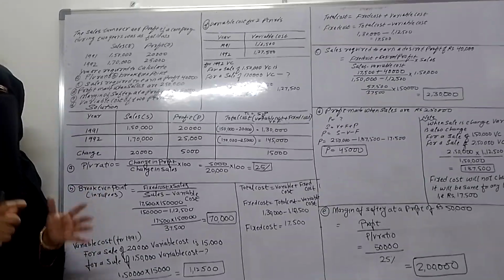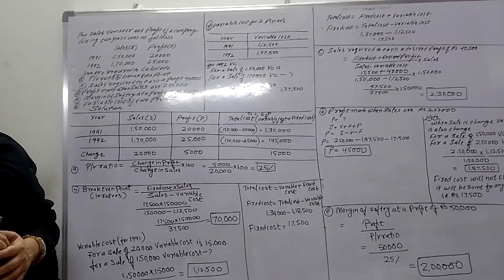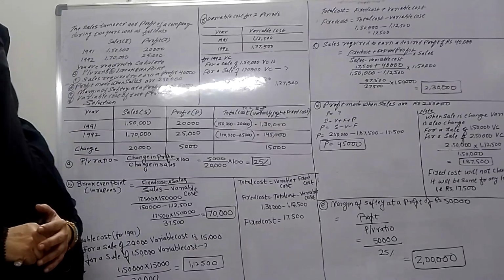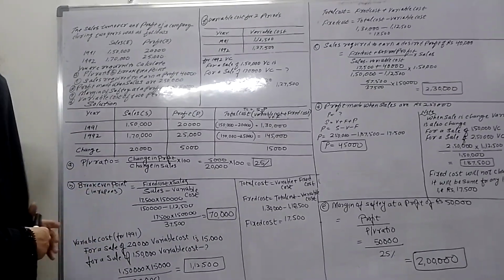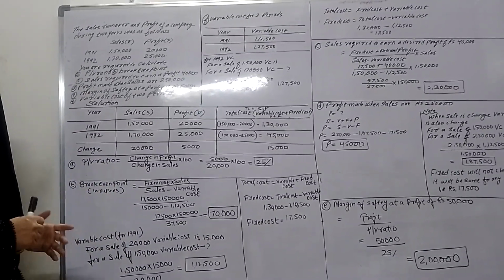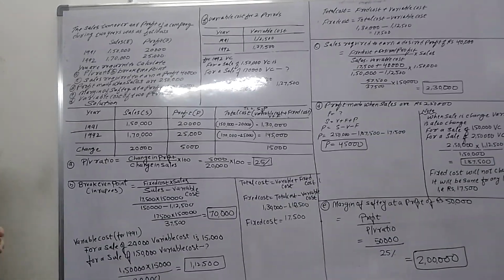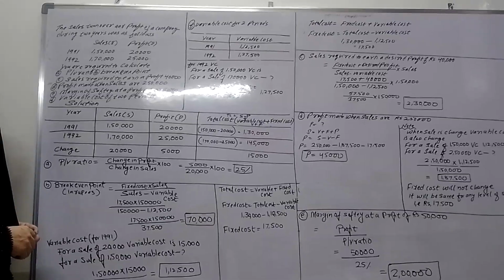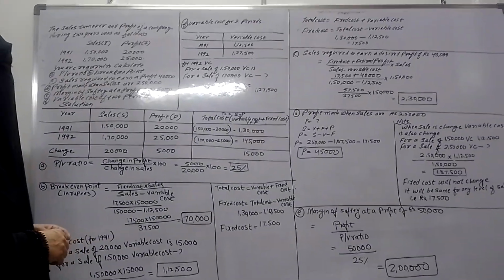So this is the problem of 2 years or 2 periods. Sales and profit are given for 2 periods, and he is asking you to calculate different things: PV ratio, break-even point, sales required to earn a desired profit.